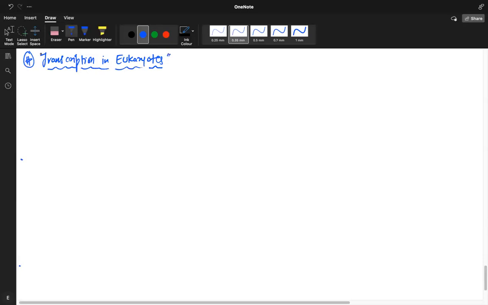Okay, transcription in eukaryotes. Now in eukaryotes, there are 2 complexities as compared to prokaryotes. First complexity is that there are multiple RNA polymerases present in the eukaryotic system, whereas in a prokaryotic system, there is only one RNA pol.